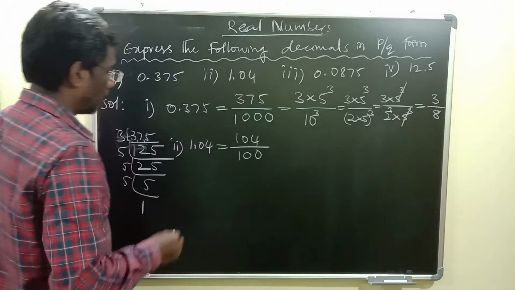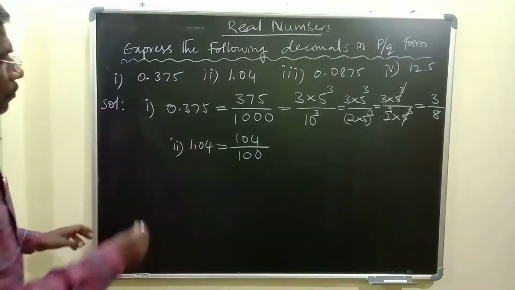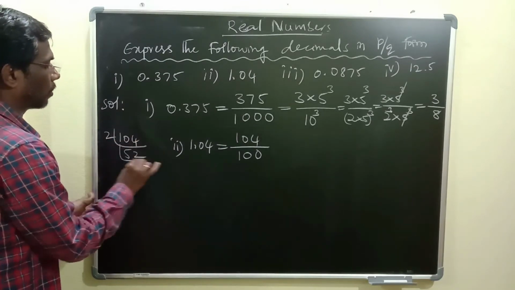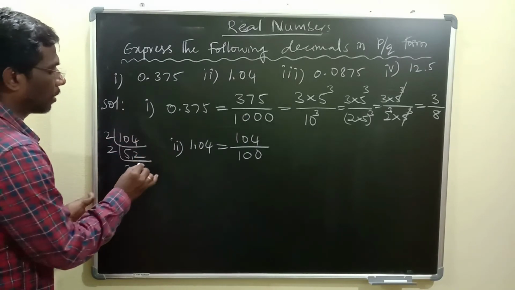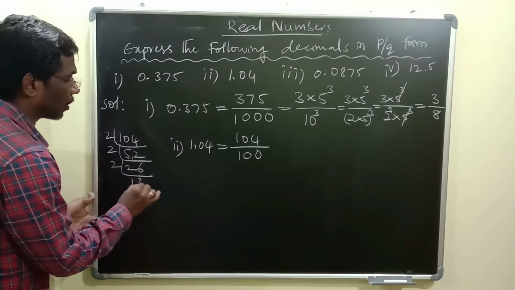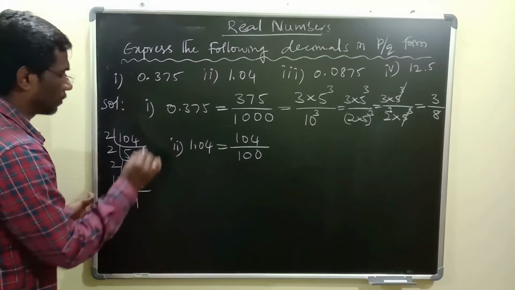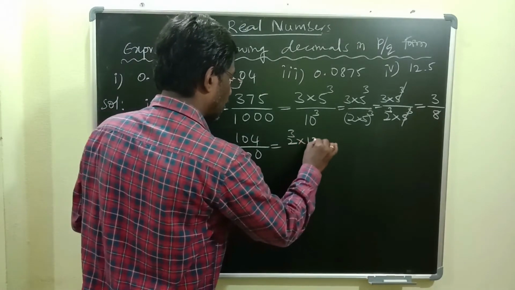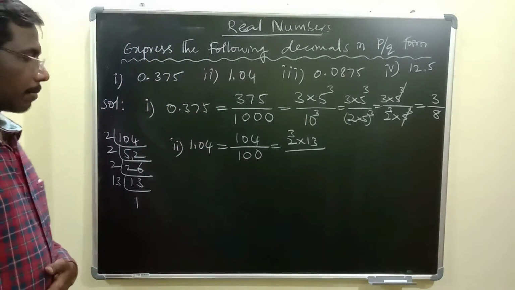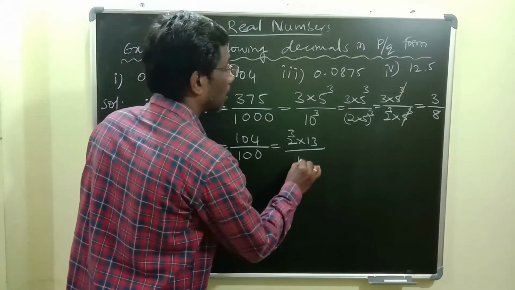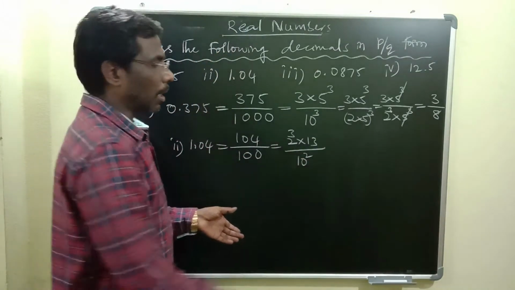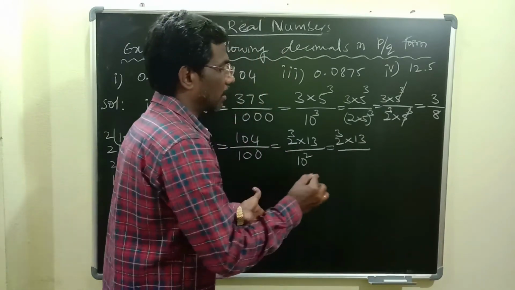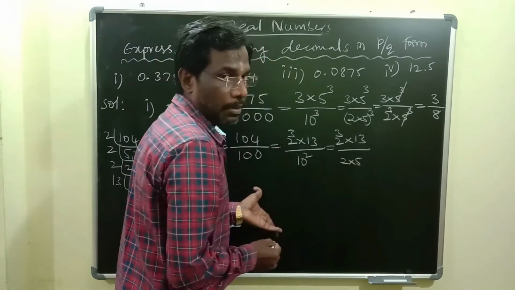Next find prime factors of 104. 104 can write as 2 5s are 10, 2 2s are 4, next 2 2s are 4, 1 remain, 2 3s are 6, and 13 1s are 13. So it can write 2 cube into 13, and this 100 can write what? 10 square. 10 square is what? 100. Next write 2 cube into 13 by this 10 can write 2 into 5. 2 5s are what? 10.